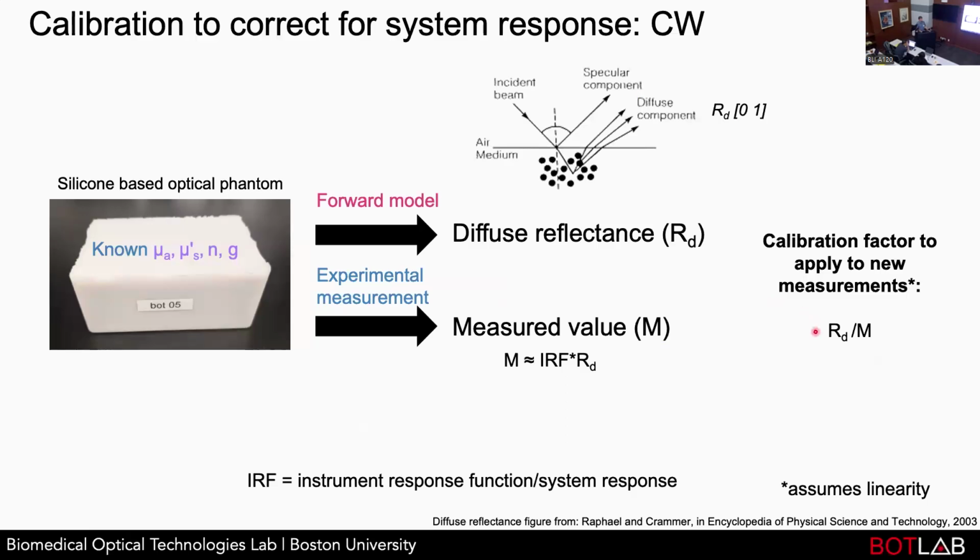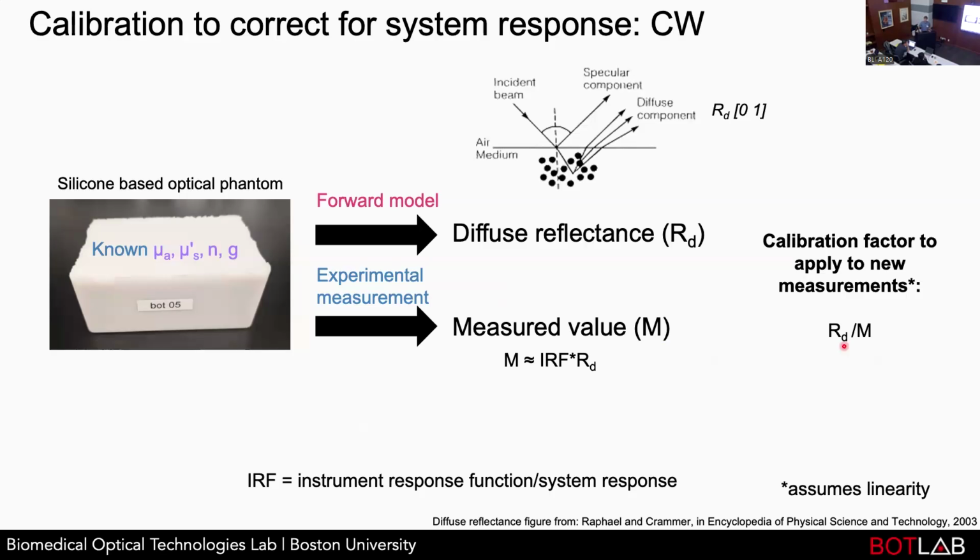When we take a new measurement, M of tissue, we can multiply it by this factor, R_D over M from the phantom, to get R_D of the tissue. Does that make sense? You're just canceling out the instrument response. Again, this assumes linearity, so we typically measure the linearity of our system. So we know under what conditions this is true.